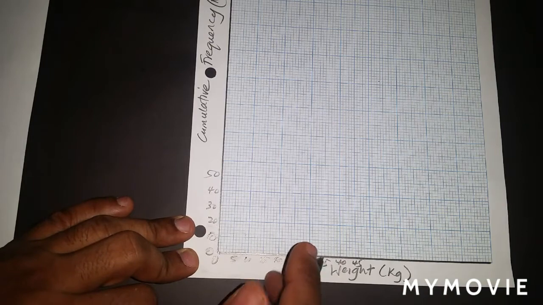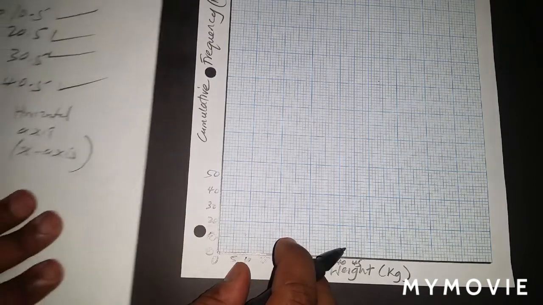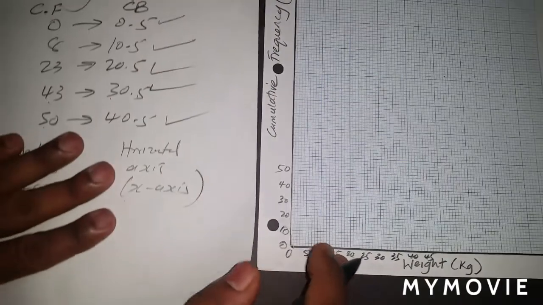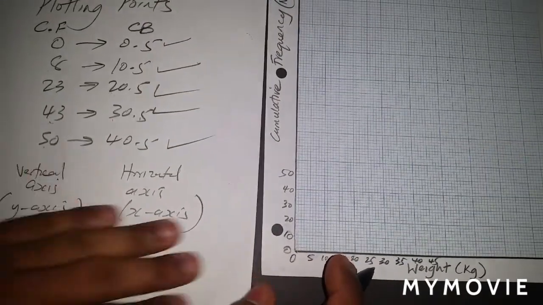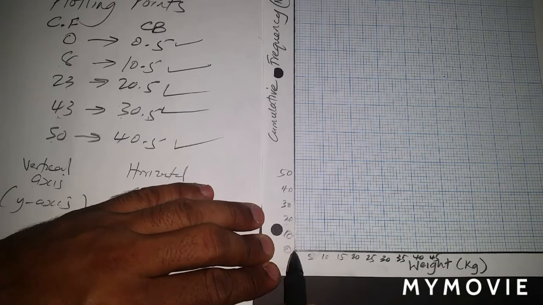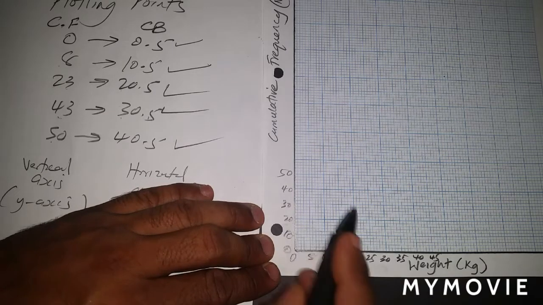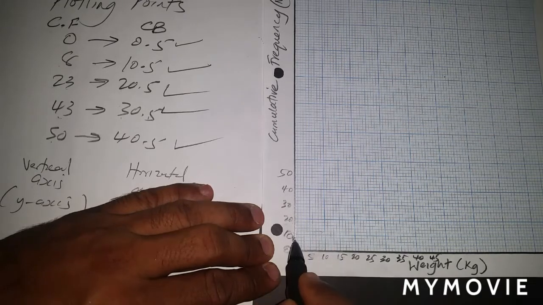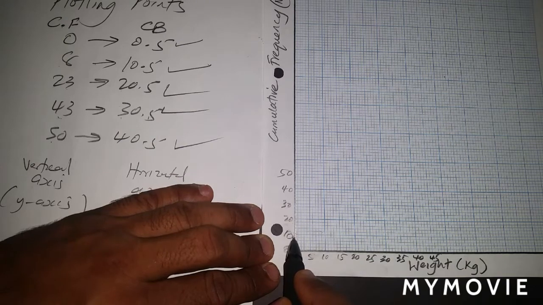All right, the next one would be 8 mapping up with 10.5. So remember now, if this is 0 and this is 10, we're going up by 2, 4, 6, 8. So 8 would be here, and that would map up with 10.5.